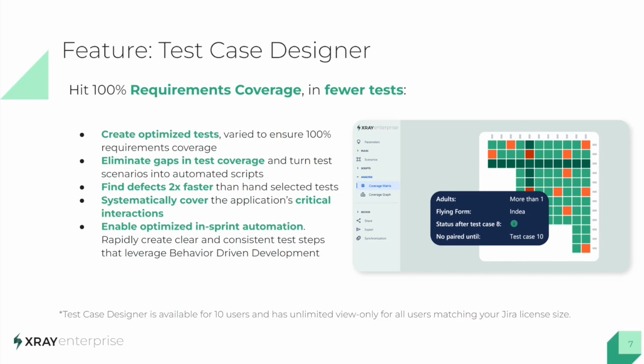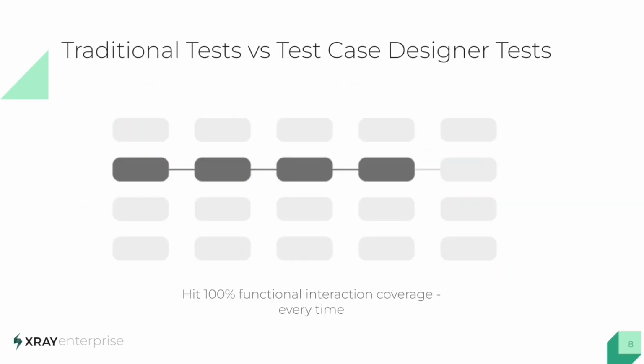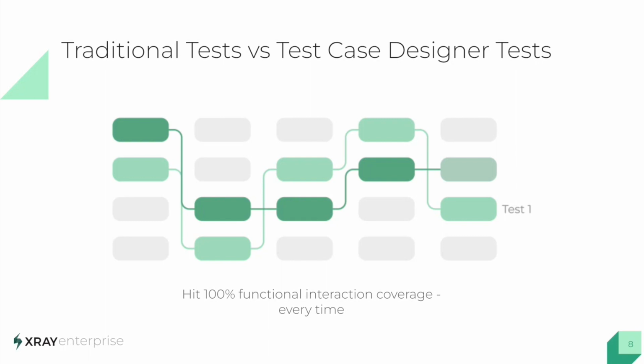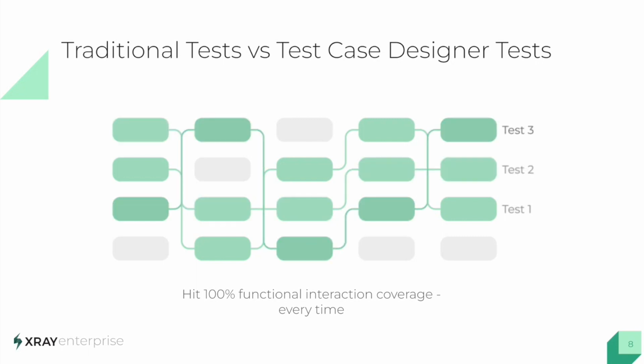We eliminate the gaps in your test coverage, we find defects 2 times faster, and we enable this optimized in-sprint automation. Here we have an example of the traditional test versus the test case designer. So we will hit that 100% functional interaction every time with fewer tests.